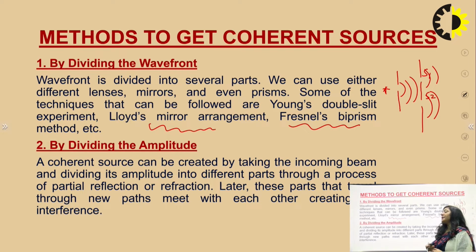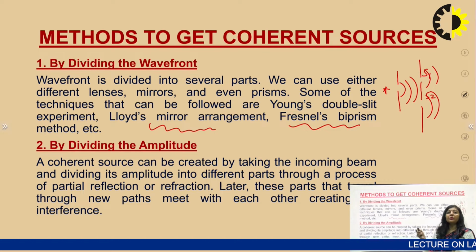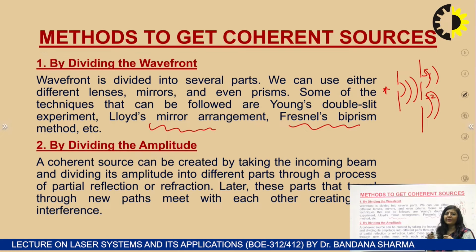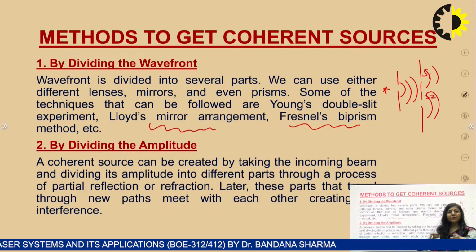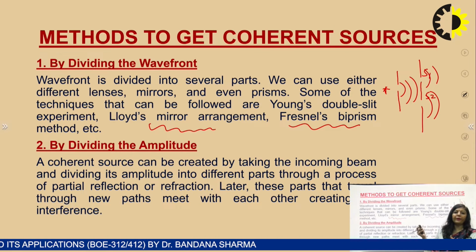Division of amplitude means you have a light source, and from that source you get light rays. The amplitude of those rays is further divided into different rays. Then all these rays get superimposed and you get an interference pattern due to those coherent rays. Why am I saying the rays coming from a single ray are coherent in nature?